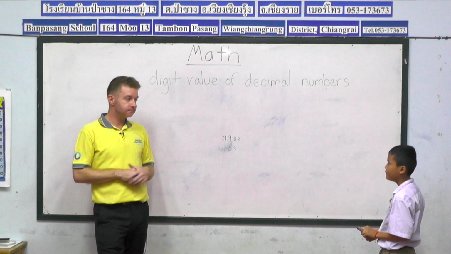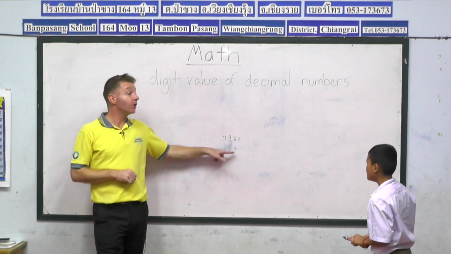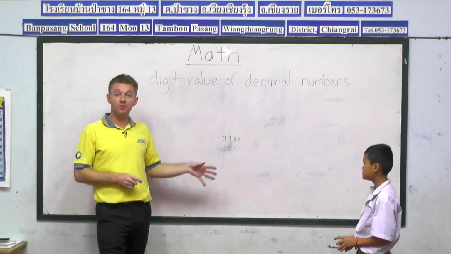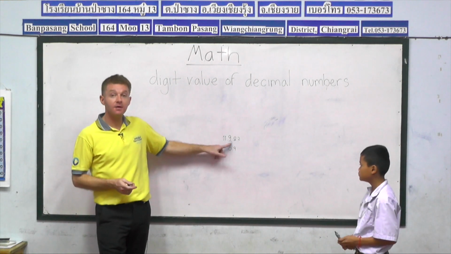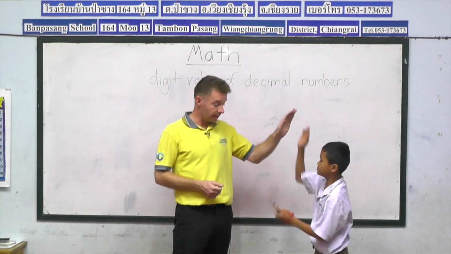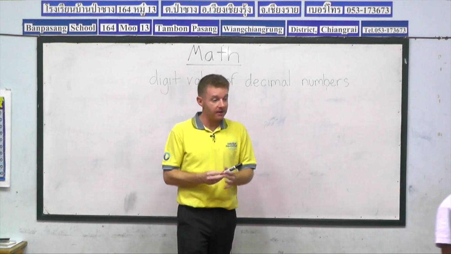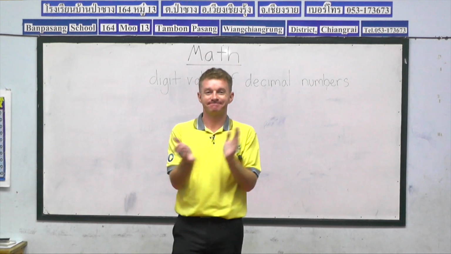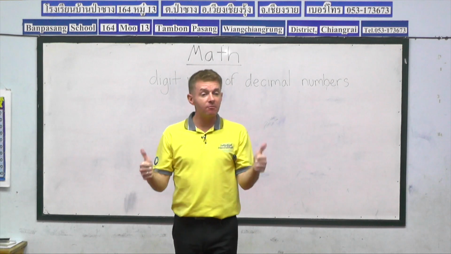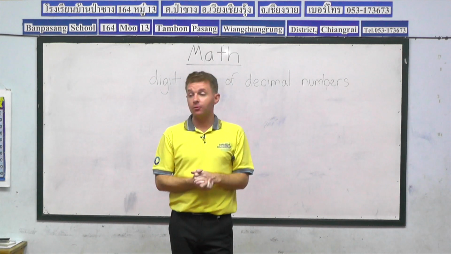Can you say? 0.9 tenths. And that's the digit value worked out using the number and the place value. Chu, that was brilliant. High five and a big round of applause for Chu, please, guys. And a big round of applause again for everybody for doing a great job.